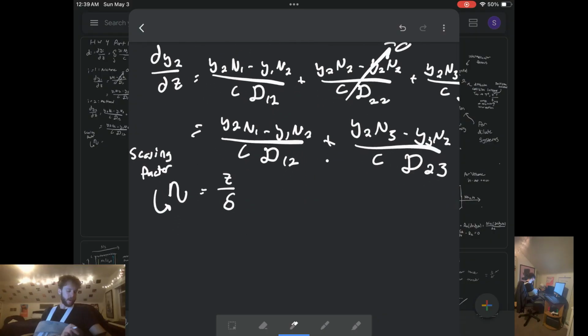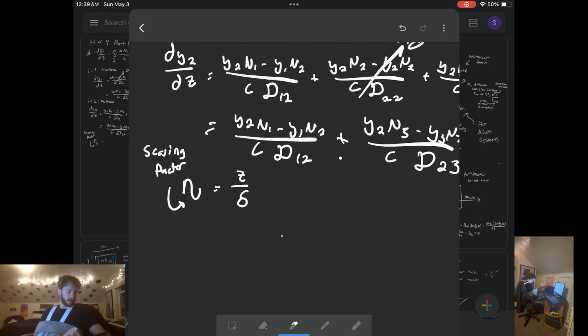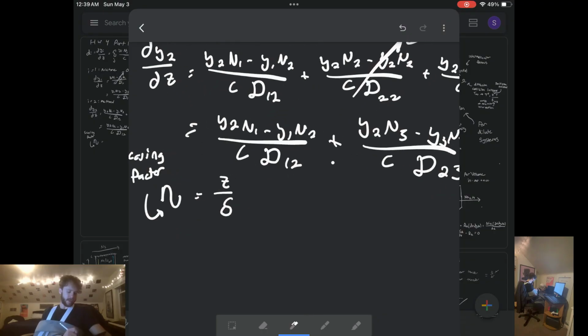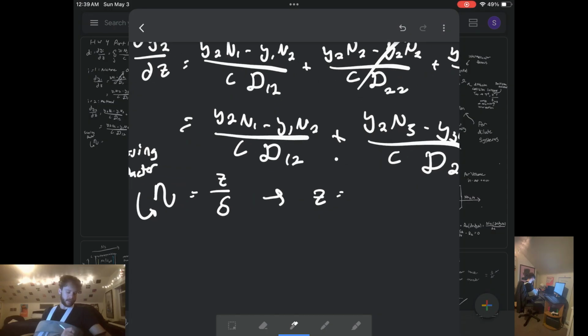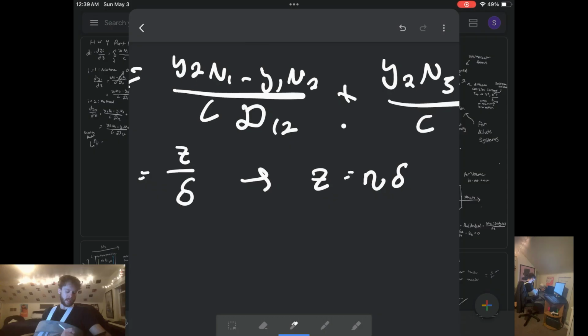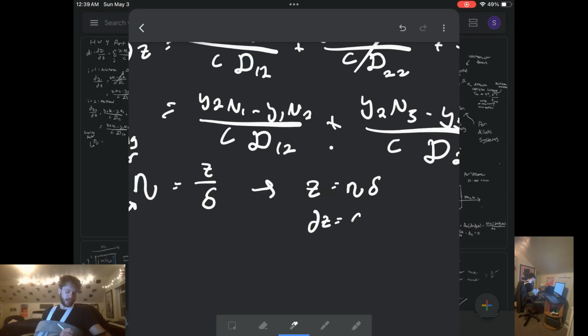So we can rewrite our dz term. We'll say z equals our scaling factor times delta, and we'll say that our dz is equal to our delta times the change in our scaling factor.